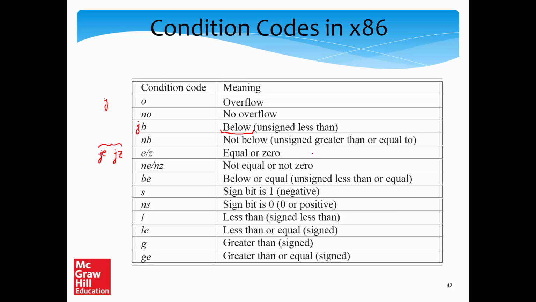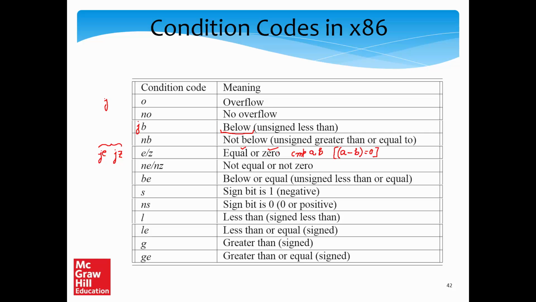So recall how we check for equality. When two values A and B are being compared, what the processor actually does is that it subtracts B from A. So it computes A minus B. If A minus B is equal to 0, it essentially means that A is equal to B. So we have equality here, and it is the same as A minus B being equal to 0. So equal or 0 is sort of the same condition.